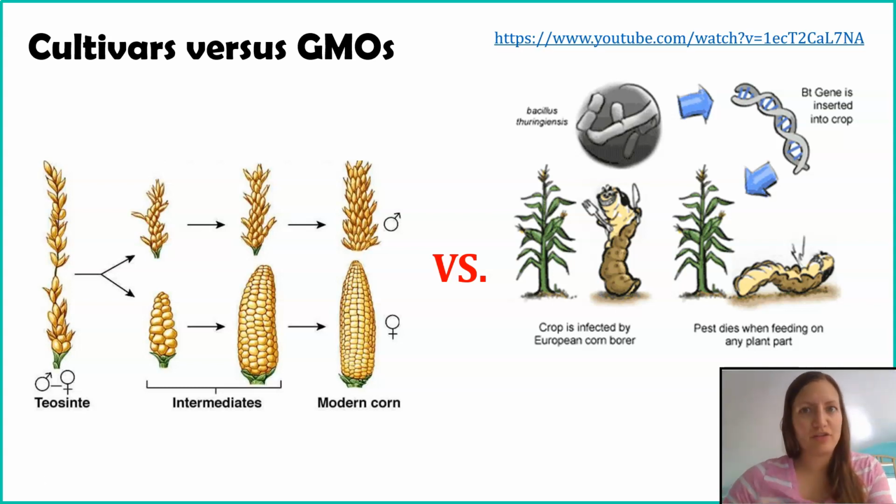When he talks about GMOs, he's including cultivars in his definition of GMOs. So honestly, the whole point of me talking about this slide is one, so you learn what cultivars are, but two, if you're going to talk with someone about GMOs, make sure you're on the same page with your definition of GMOs.